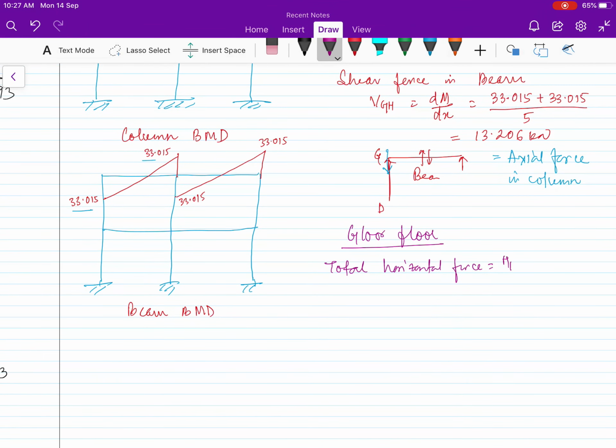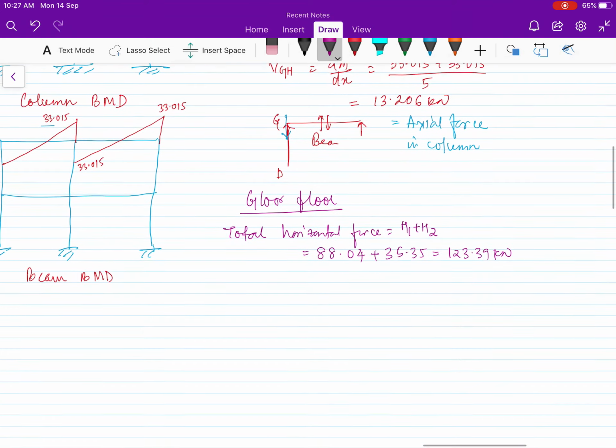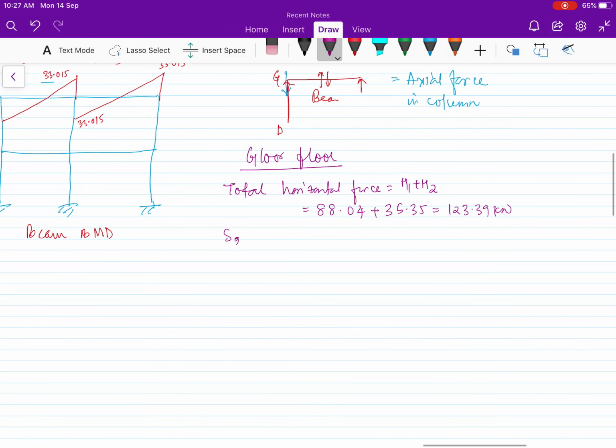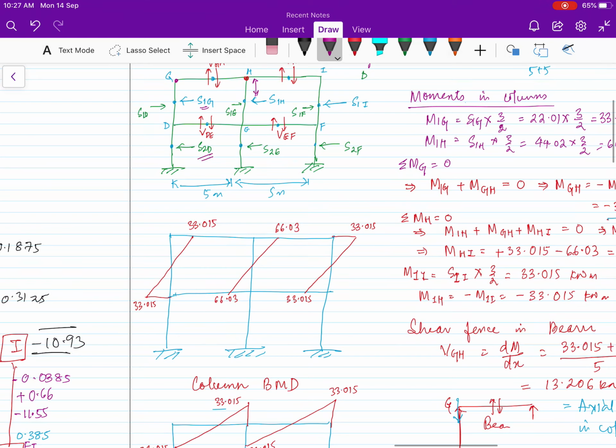Now we are going to distribute this. I am going to calculate 2D, 2E, 2F.